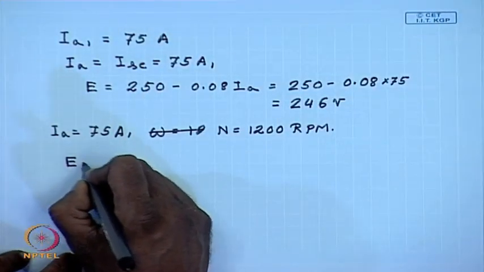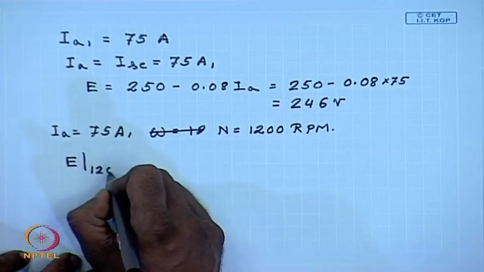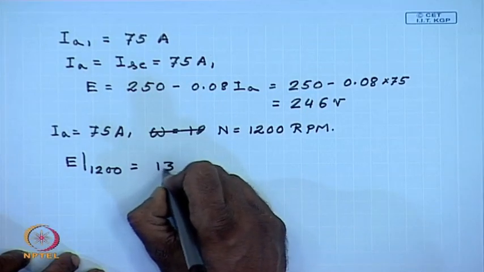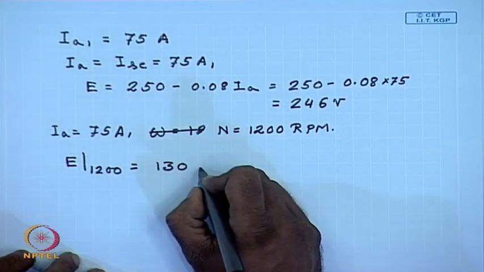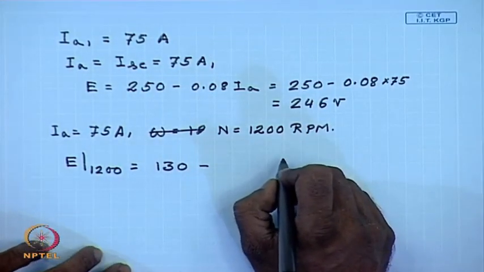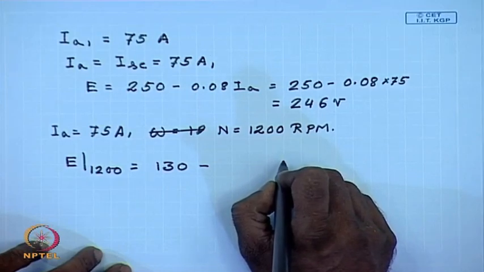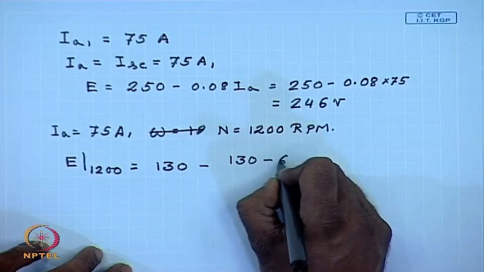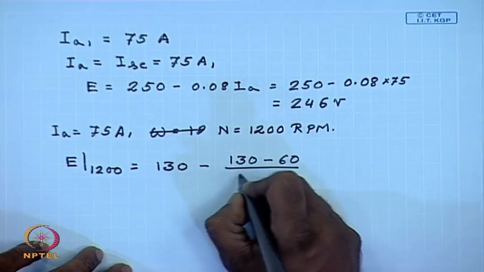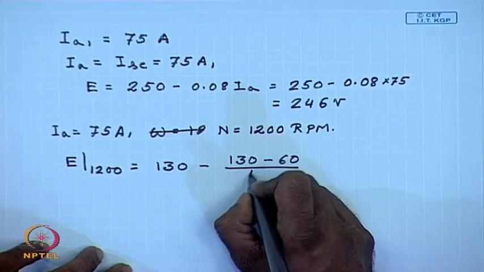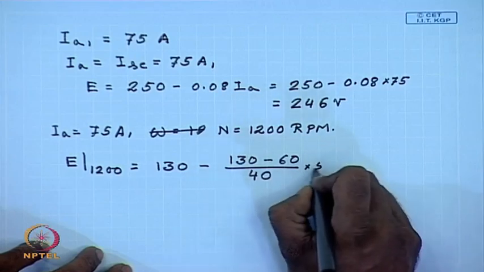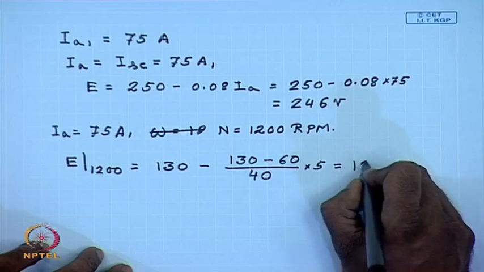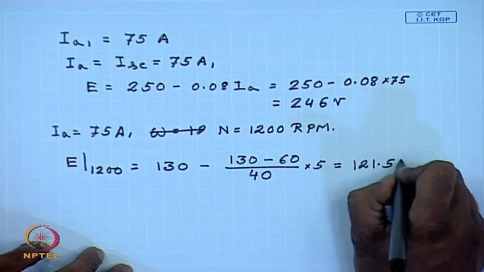E at 1200 will be equal to E at 80 is 130 minus, this comes to 121.5 volts.